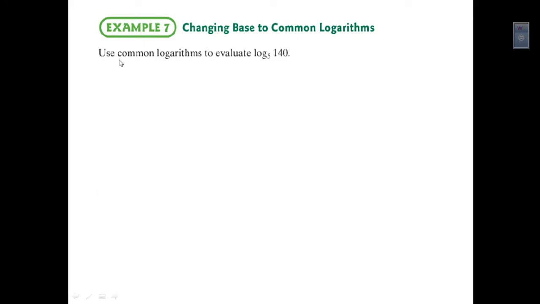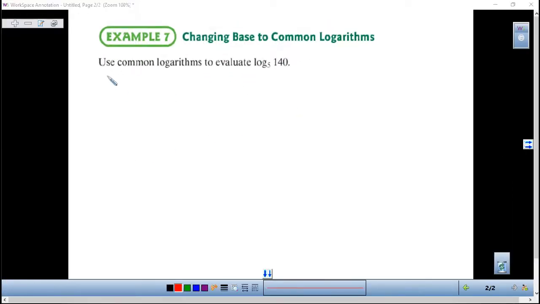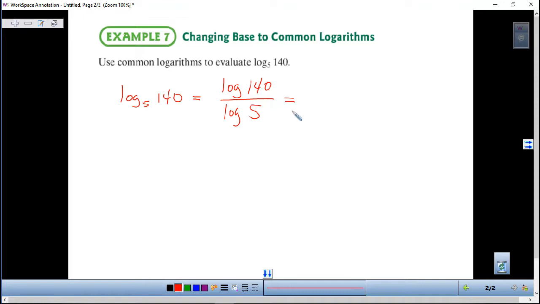All right, so let's use common logarithms to evaluate the log base 5 of 140. If we're going to use common logs, so log base 10s, we've got the common log of 140 divided by the common log of 5, and then you just put both of those in your calculator.